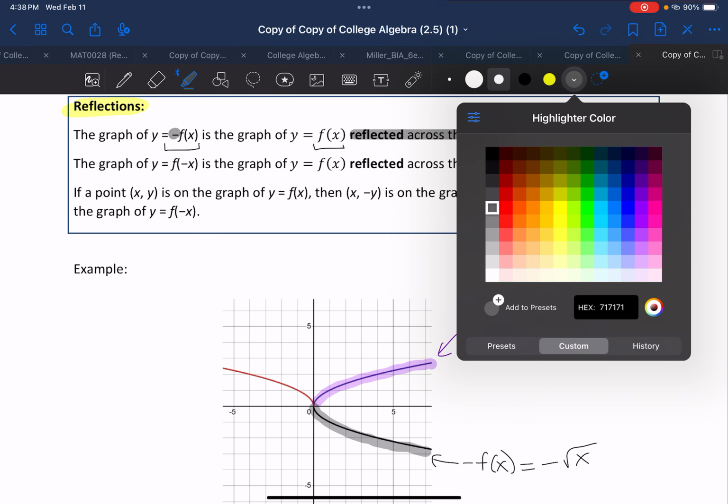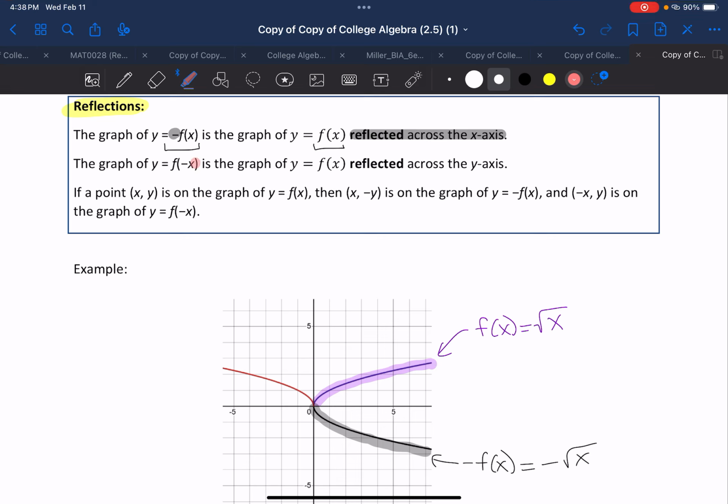And then the next one is when we multiply a negative directly to the x in our base graph. So when we have something like this, this would be the base graph reflected across the y-axis. And so that's what we see here in red.